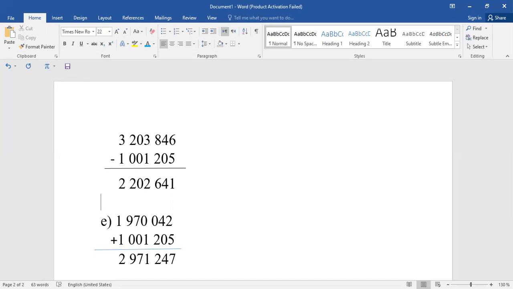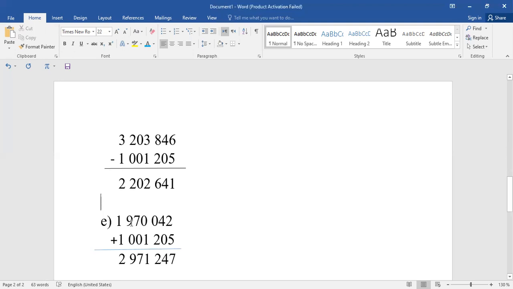Okay, now let's talk about the last part of this question, and that is, if the population of Peshawar is added to that of Quetta, how many people will be there together? So you just have to add the population of Quetta and Peshawar.